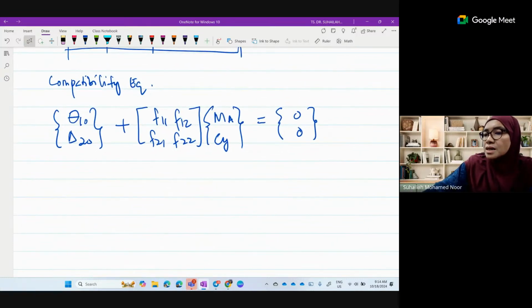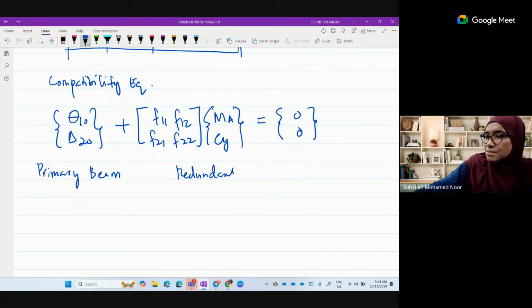Okay, kita akan ada primary beam number 1. Second one is redundant MA applied.